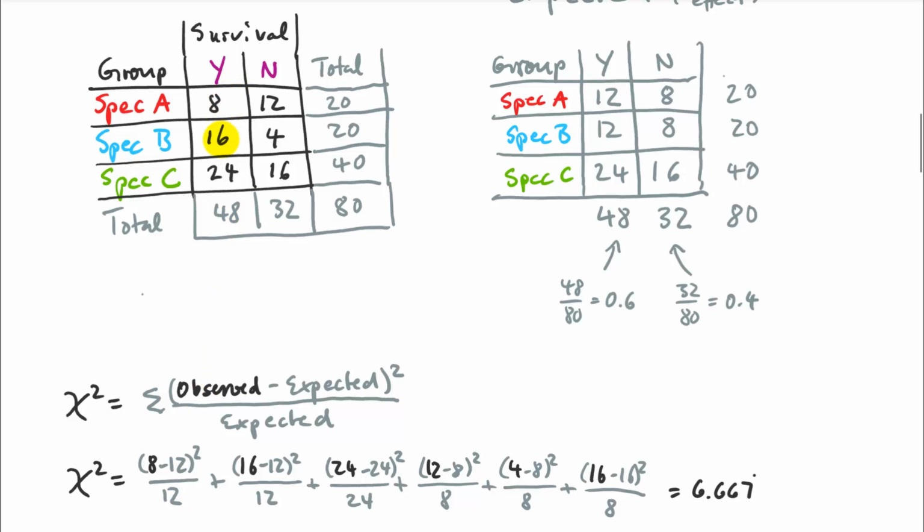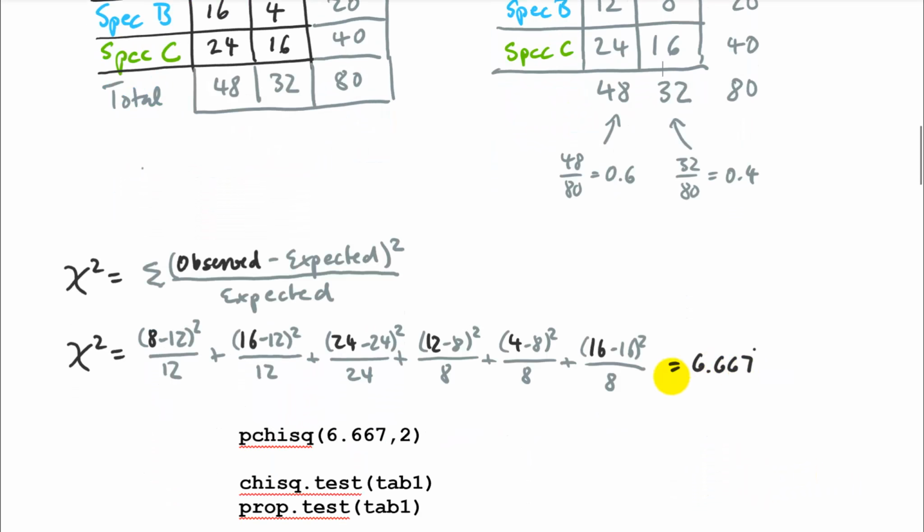And then I take the next one here, 16 minus 12 divided by 12, 24, and then I start with a no column. So 12 minus 8 divided by 8, and so on. And so if I sum these all up, I get 6.667, and I can use the pchisq function, just as we had the pnorm and pt functions, to get my p-value.